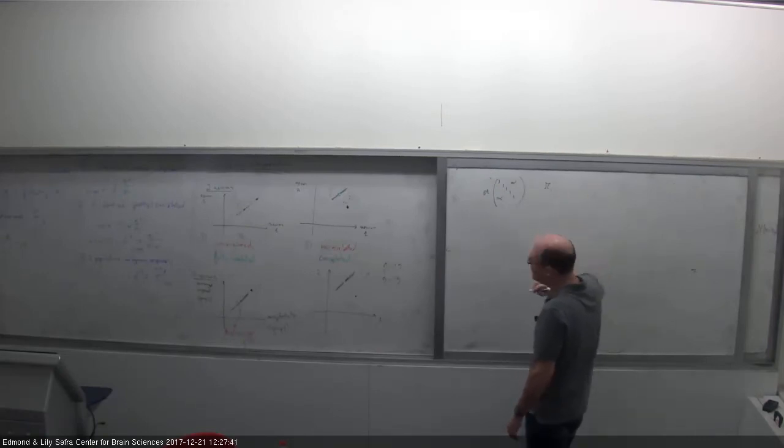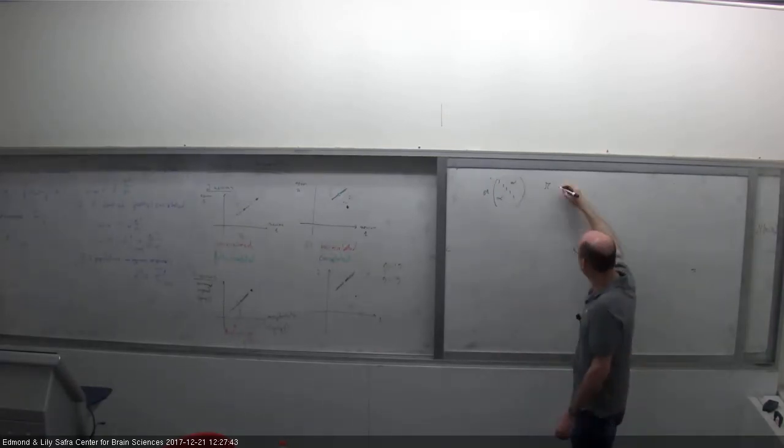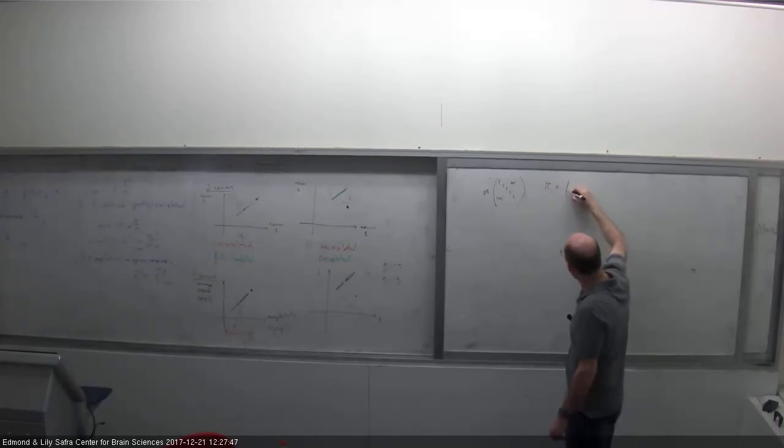So let's think for a moment about the following model. Suppose that R_i is equal to F_i, which is their mean, plus some variable Xi_i, which is random, chosen independently and normally distributed.